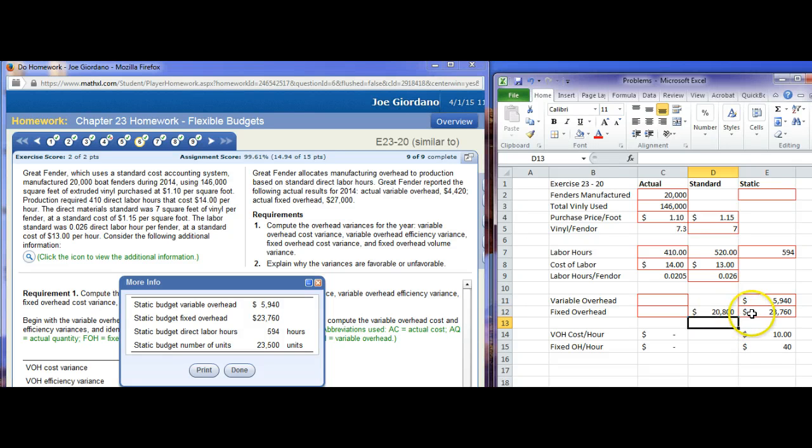So in accounting terms, this is your budgeted fixed overhead. This is your applied. I'm expecting $40 an hour. And I worked 0.026 hours. Right? Is that right? No. 520 hours. 40, 520.